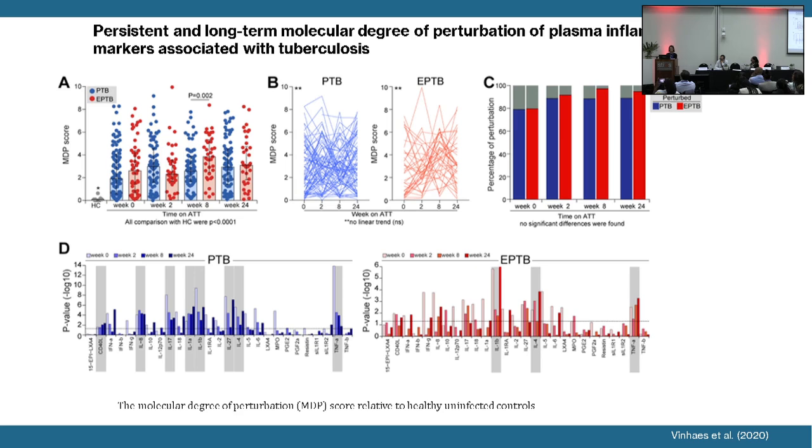And around 90% of patients remained molecularly perturbed even after 6 months of treatment. This suggests that MTB infection may have durable, long-lasting systemic effects on inflammatory responses in TB patients.